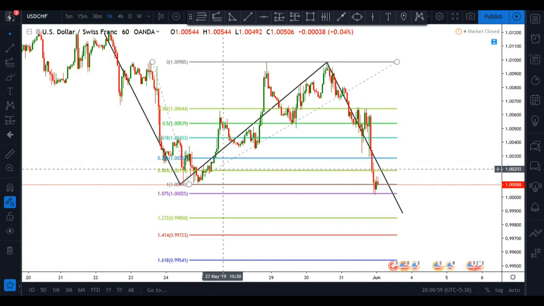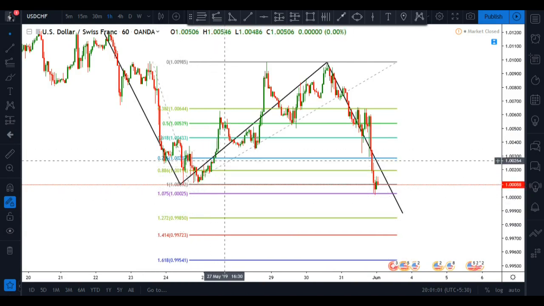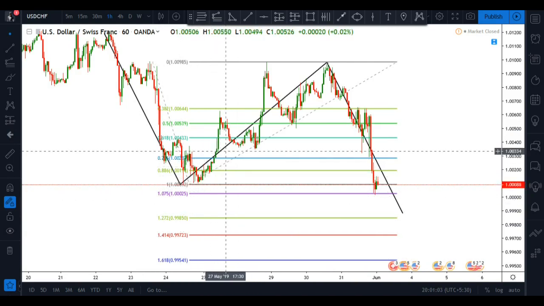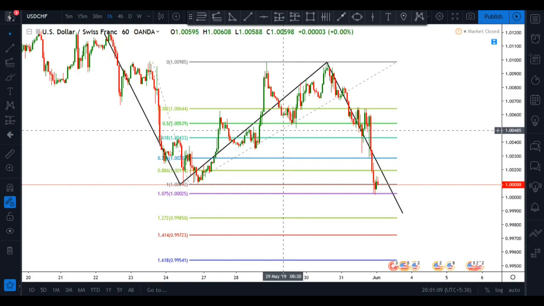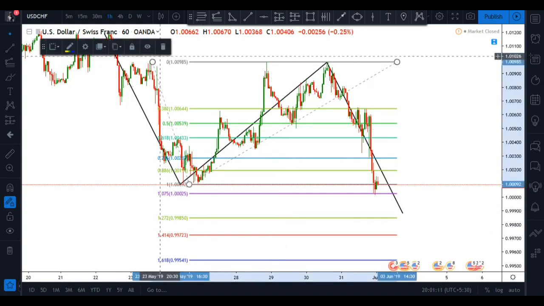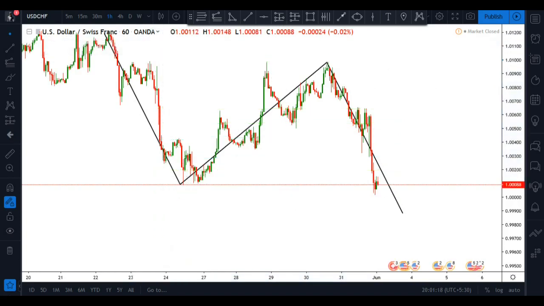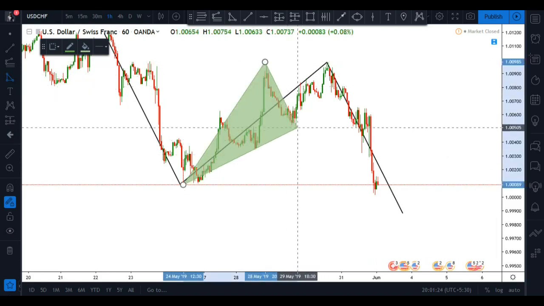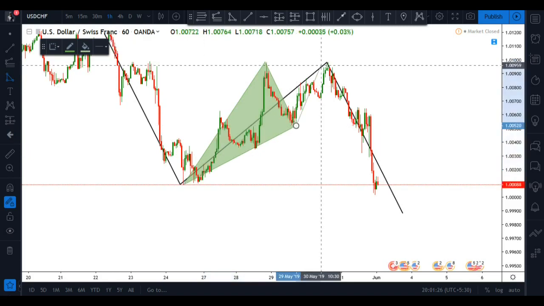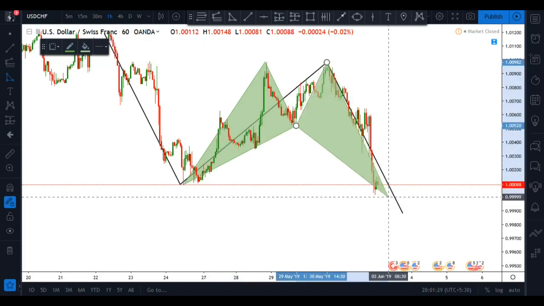As some of you might know that 127 is a significant extension level when identifying patterns. Okay, alright traders, so this creates a probable butterfly buy pattern at the market at this point.